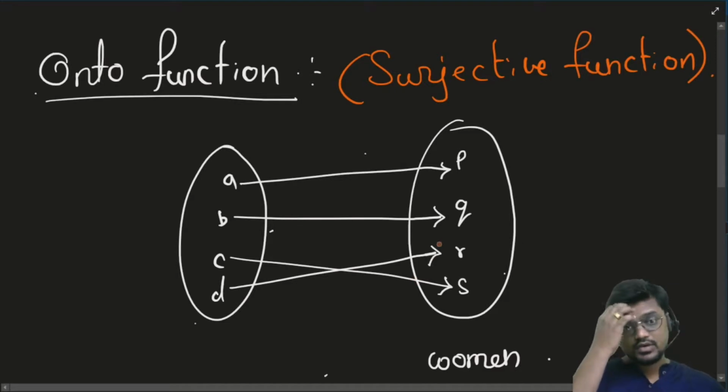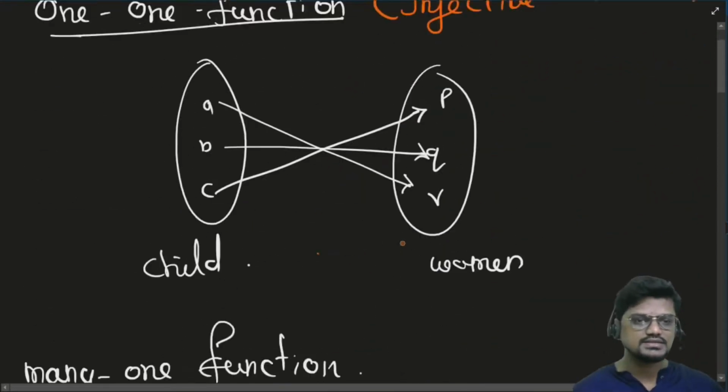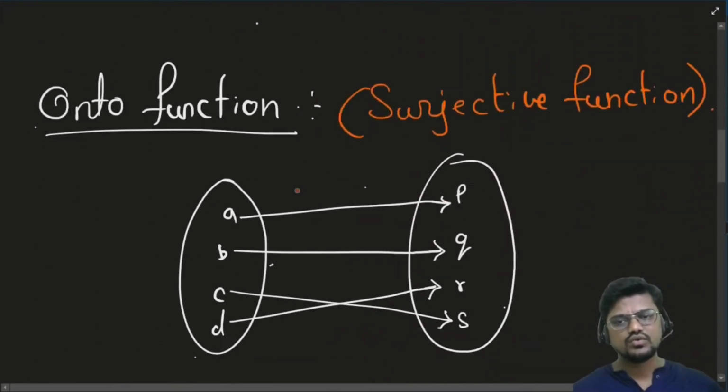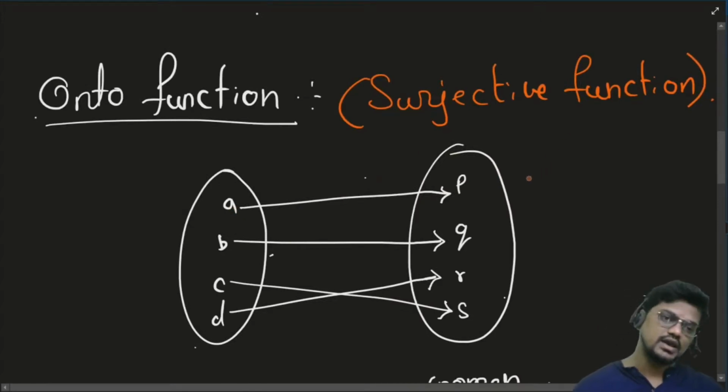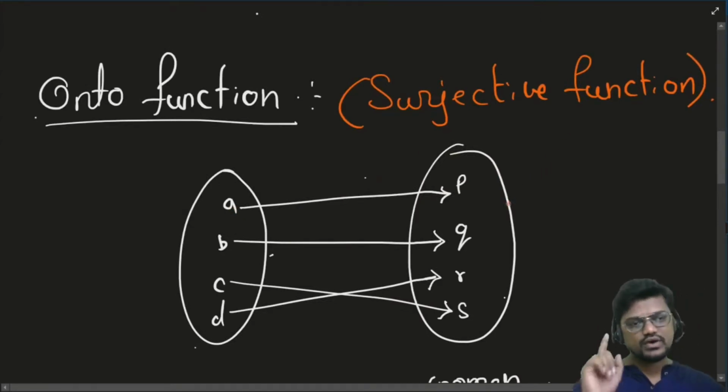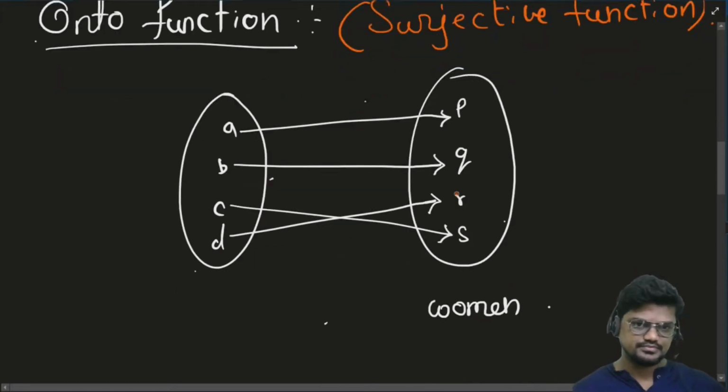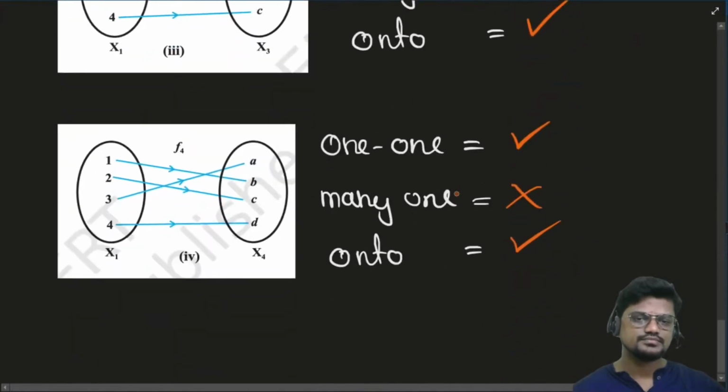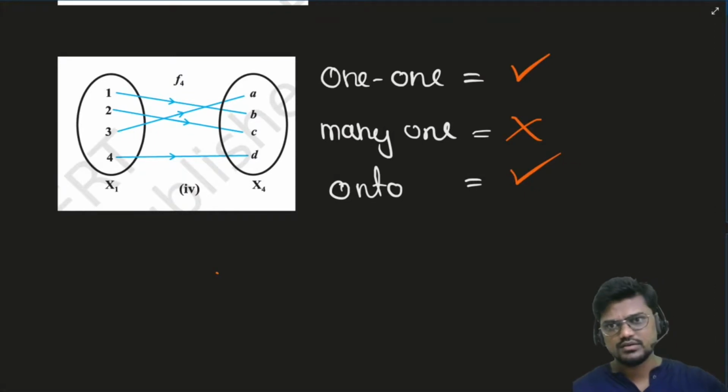So one one function is injective and onto function is surjective. And if a function is injective as well as surjective, then the function is called a bijective function. I'll write it over here.